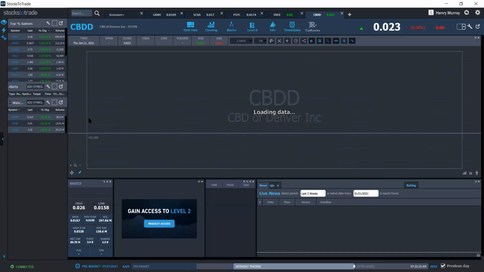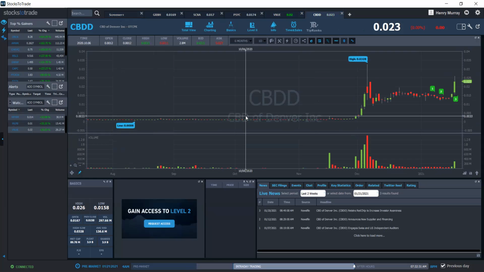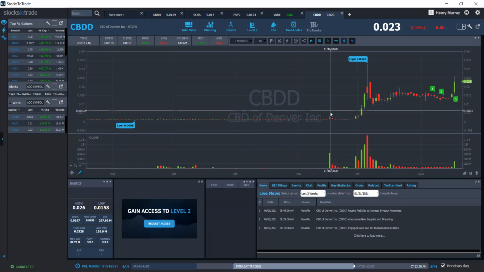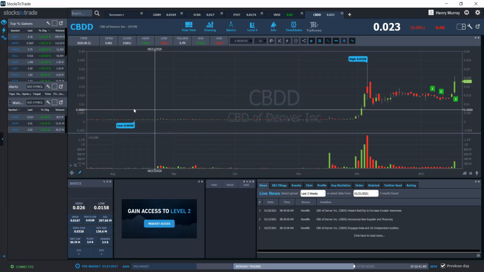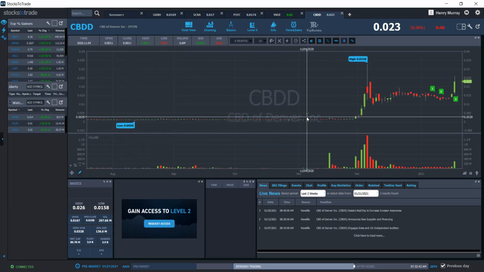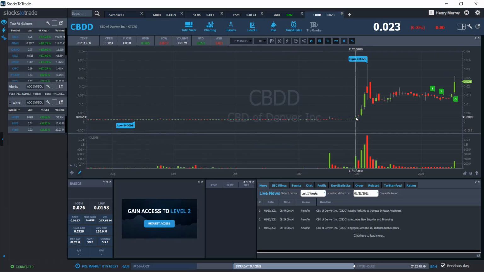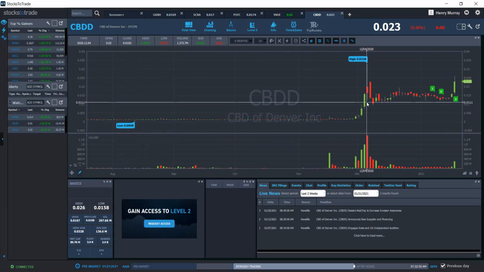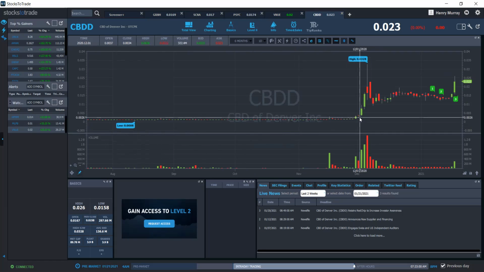CBDD. All right, this chart displays the stair stepper, right? Wherein the stock has done nothing for the previous 4 to 5 months. And it started spiking here. First green day, had a 1 day pullback, then spiked another 2 days, 3 day pullback, 4 day, right? So this is a multi-day runner right here.